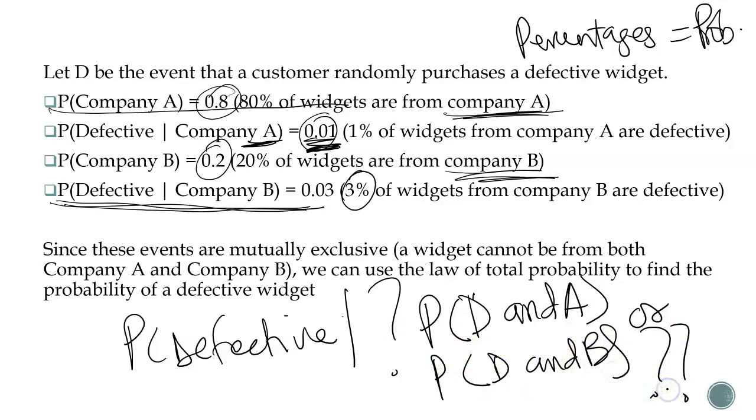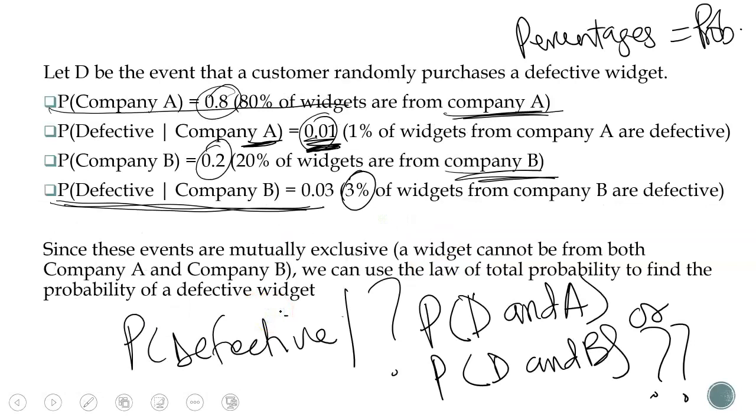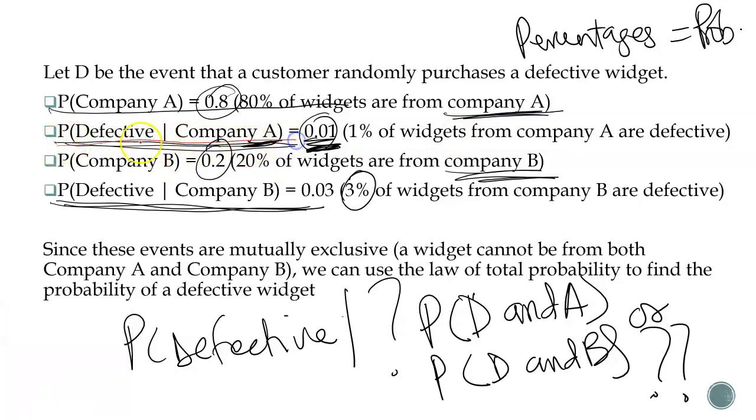This is the question. In doing that, we would have to use our normal probability formulas to arrive at the answer. To get the probability of D and A, we go back to using the conditional probability formula.